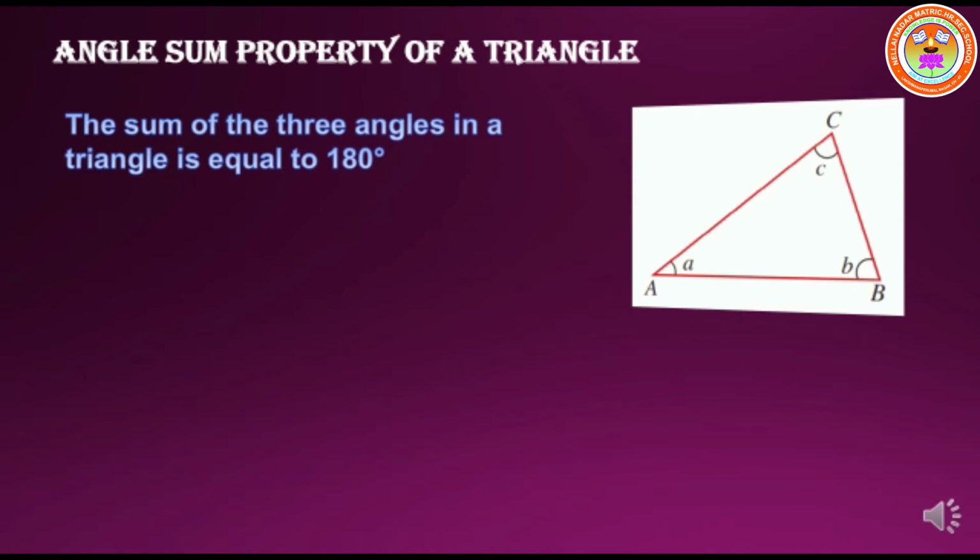This angle sum property can be written as adding all the 3 angles, that is angle A plus angle B plus angle C, will be equal to 180 degrees. So that is called as angle sum property of a triangle.